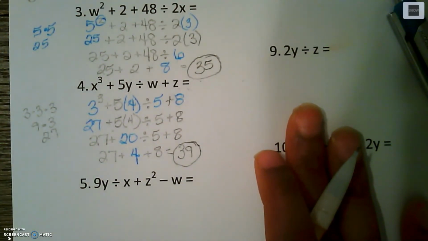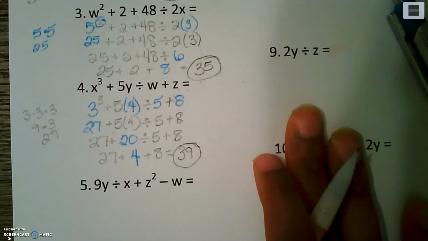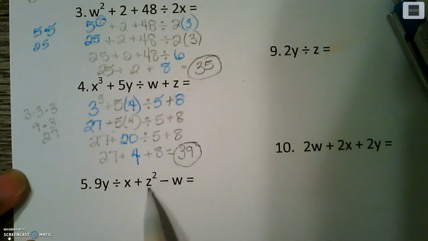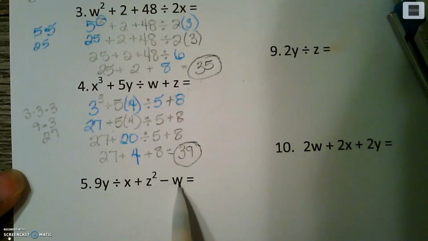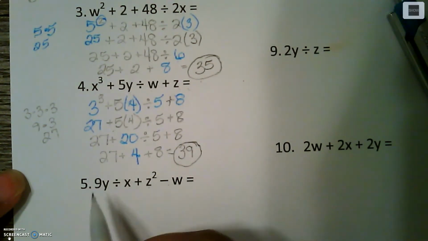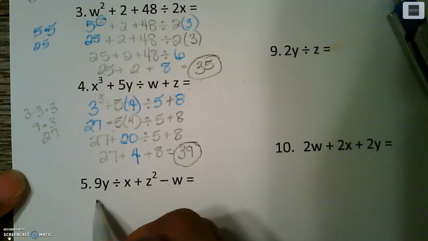Alright, for number 5, we have 9y divided by x plus z squared minus w. Again, I'm going to replace all of my variables with the numbers.